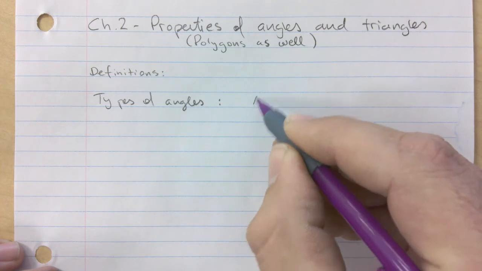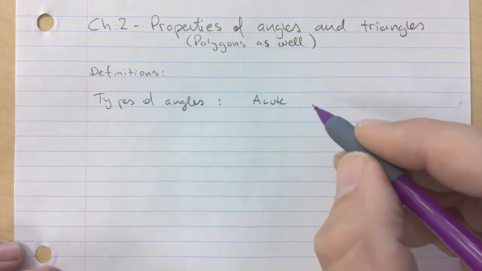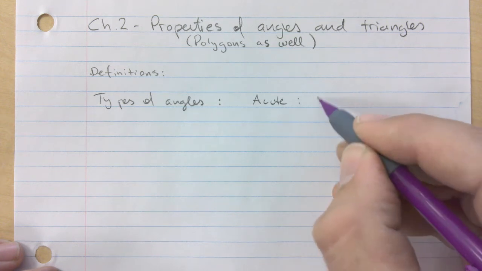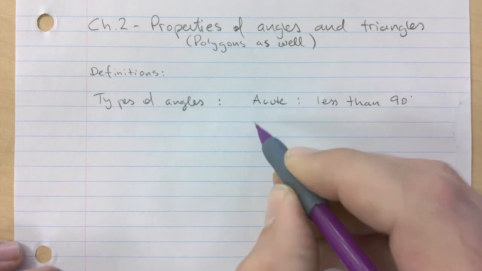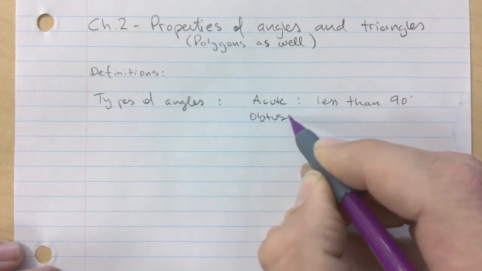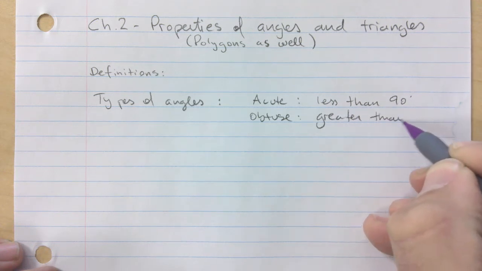We've got acute, which is less than 90. Obtuse, greater than 90.